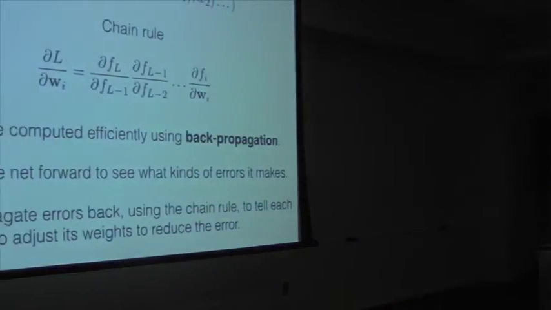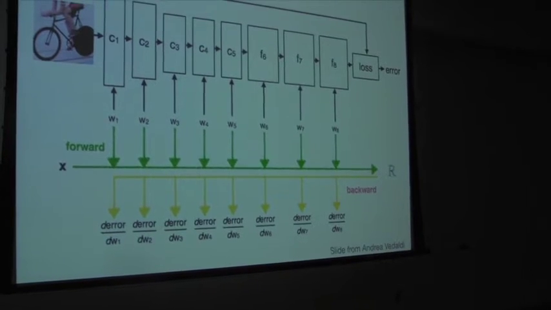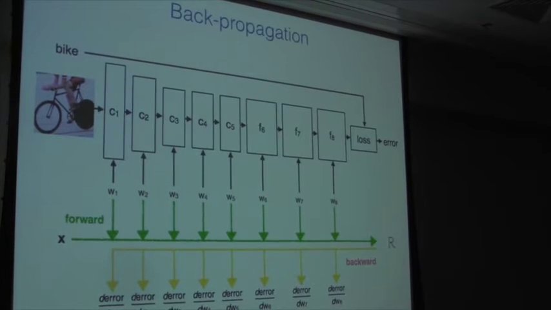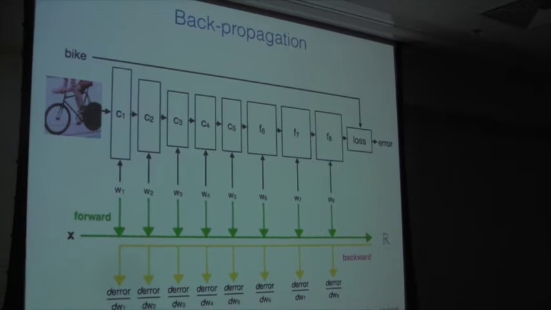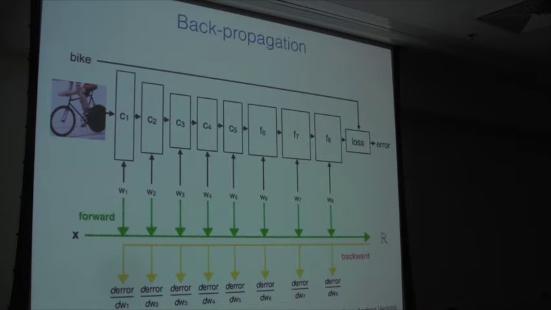Okay. And again, the basic intuition is you propagate these error signals back. This is just an efficient way of computing the gradient of the entire network. And to give you a visual intuition, the networks are trained in the following fashion. First, you send the inputs through the network, you compute a loss, and then you propagate the error signals back, which is just a way of computing the gradient, which is just a way of telling you how to change the weights to minimize that loss.